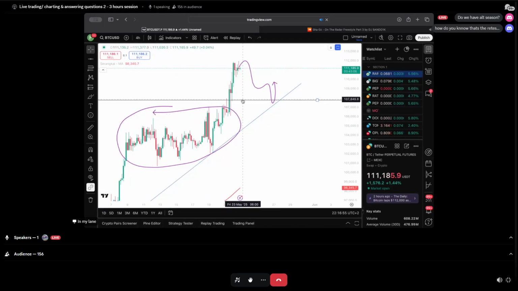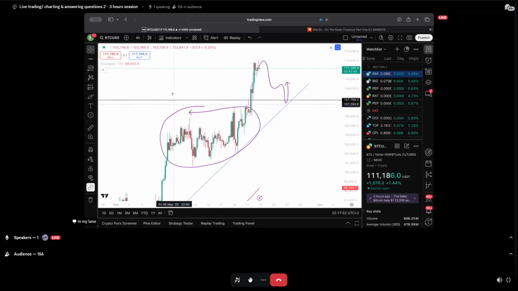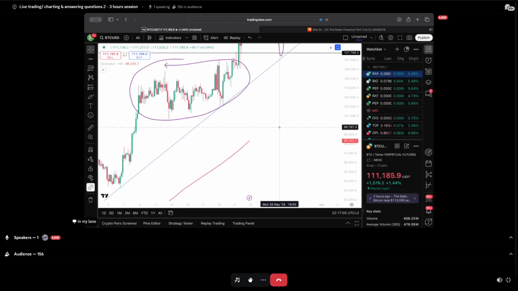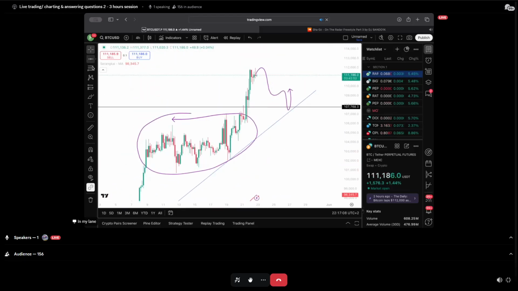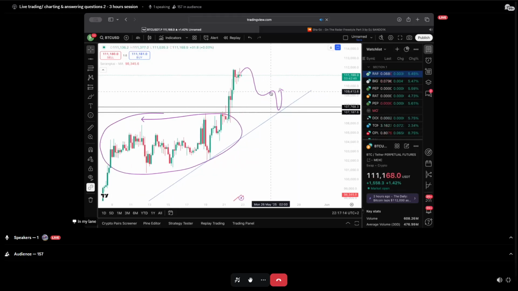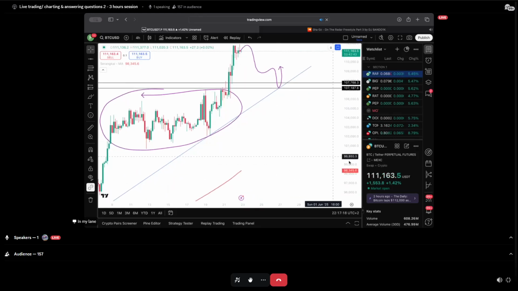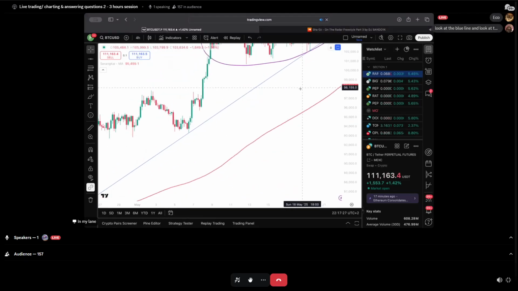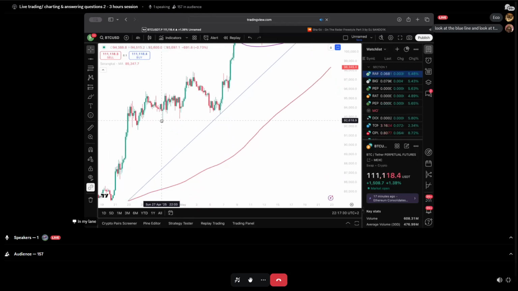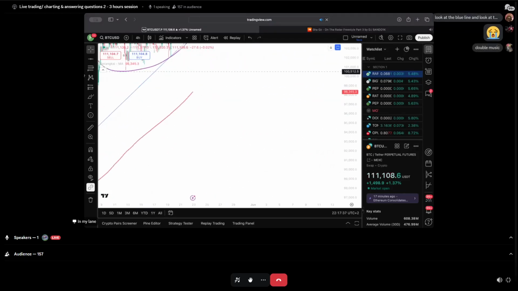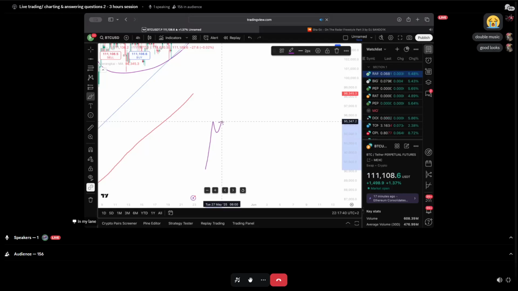So this is the top there, a range high here. Let's say we have a range here.